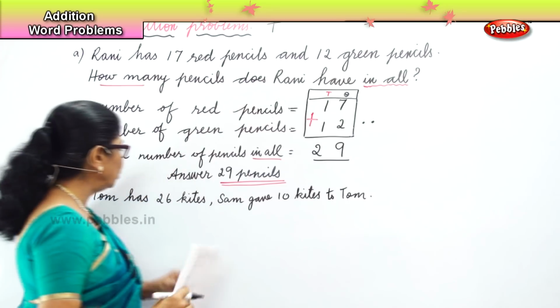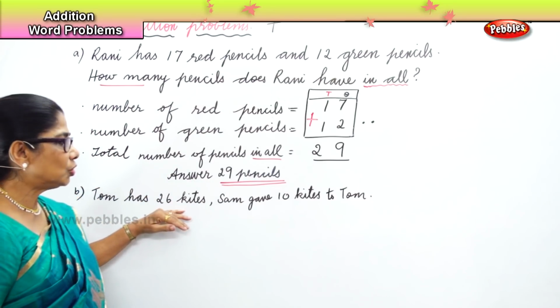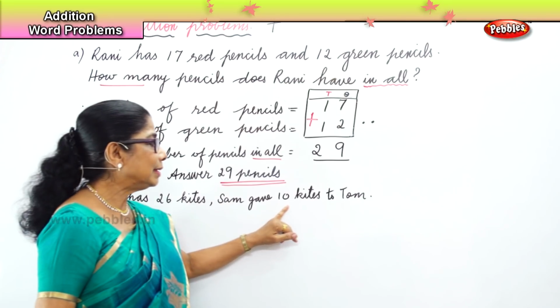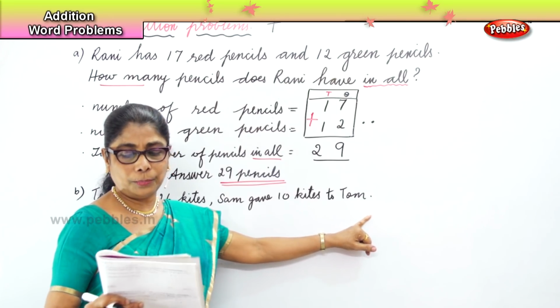Now, the small story: Tom has 26 kites. Sam gave 10 kites to Tom.